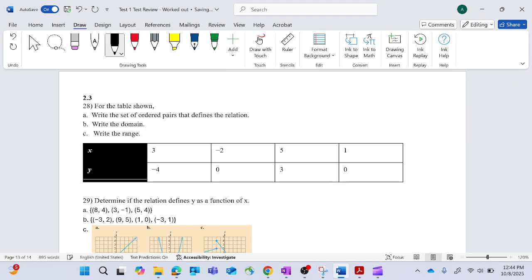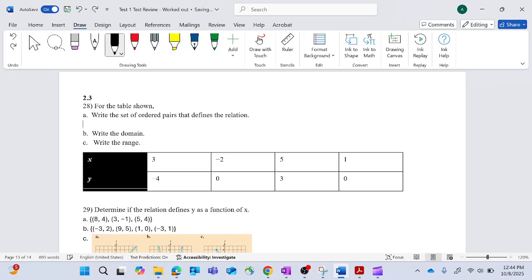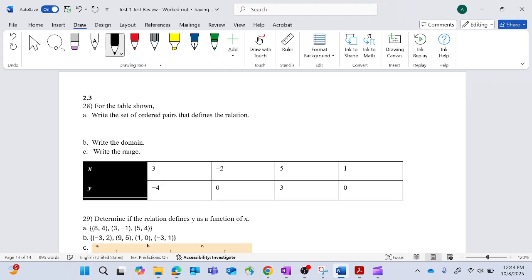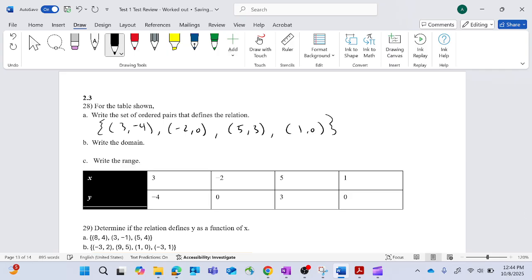Oh, what the heck? Okay. So for A, the ordered pairs are just all the points. So in this case, you have the set of the points (3, negative 4), (negative 2, 0), (5, 3), and (1, 0). The domain is just all your x's.